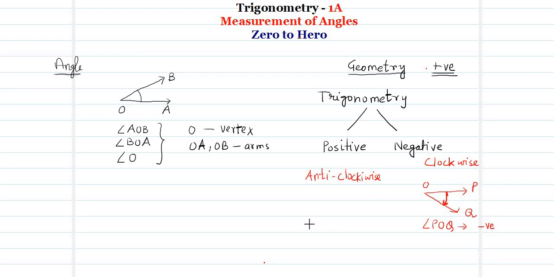On the other hand, consider the ray OX, and suppose after revolution it moves to Y, then the angle that is XOY is known as the positive angle. It is the positive angle because the rotation is in the anti-clockwise sense. So depending on the rotation of a clock, we can classify an angle into two different types, clockwise, anti-clockwise, and accordingly negative and positive angle.